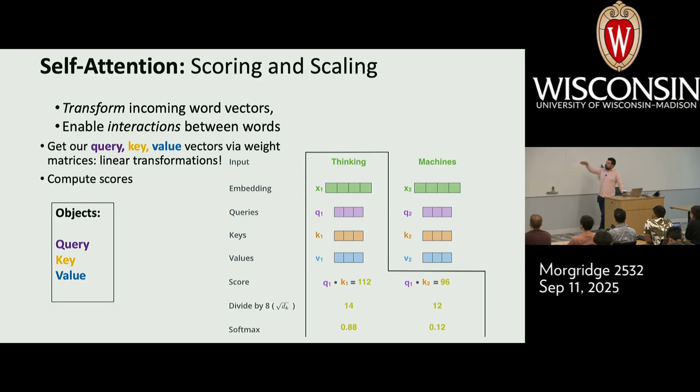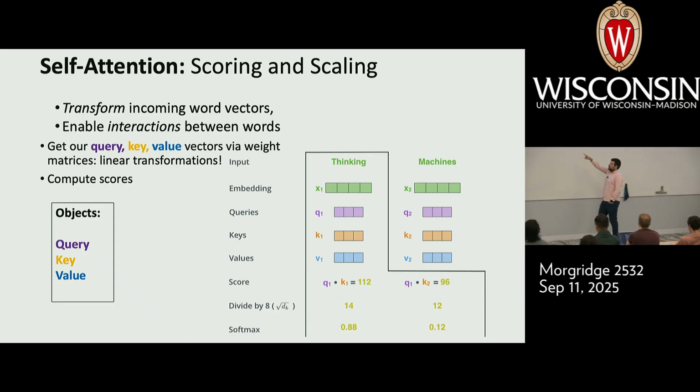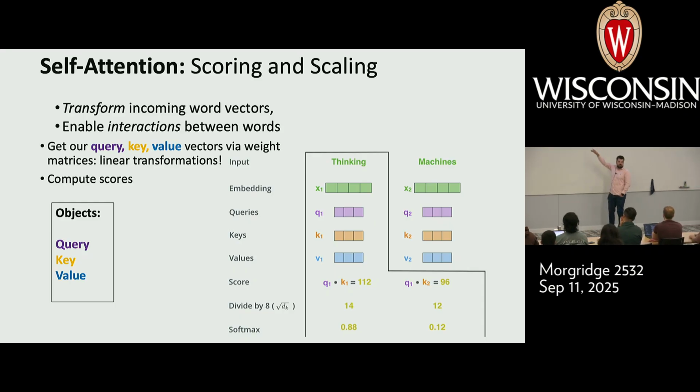And what I'll do is go ahead and compute scores. I do it for the word thinking and its query with every key in my sequence. So that's what's happening at this operation here where you see the score. I'm doing Q1 dot product K1, Q1 dot product K2. If our sequence was longer, I would be doing all the other elements as well. It would be Q1 dot product all the way up to N.